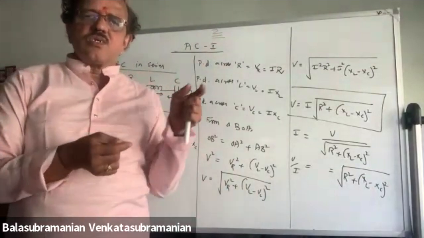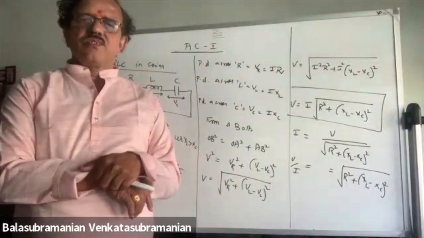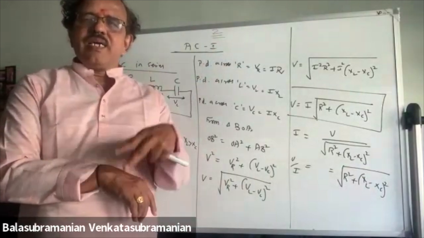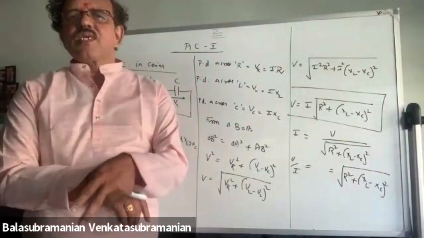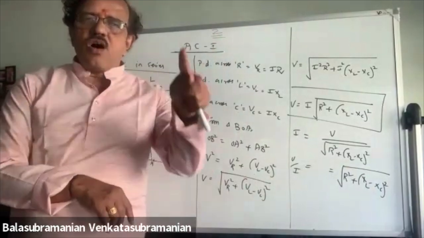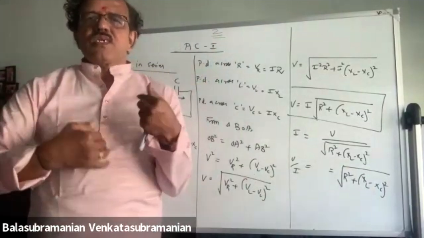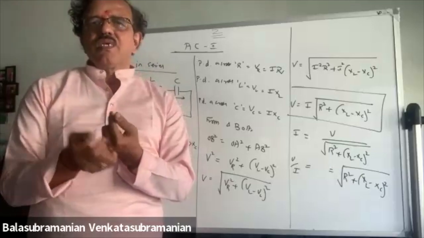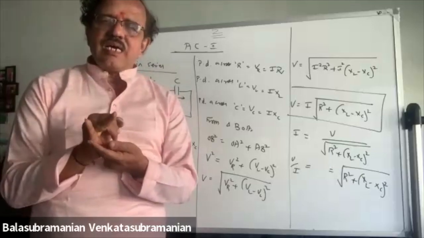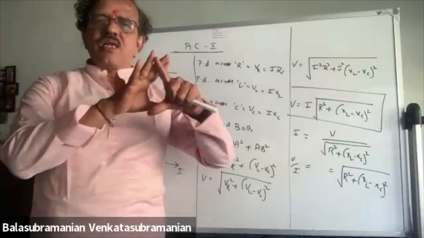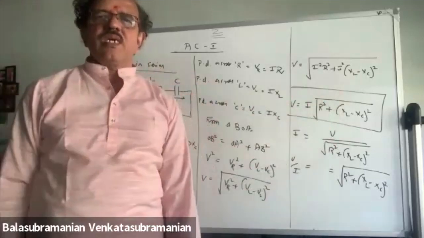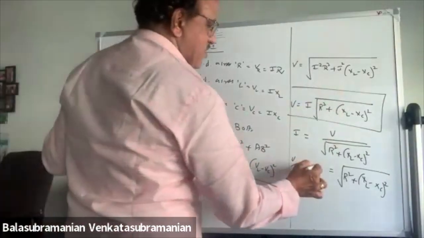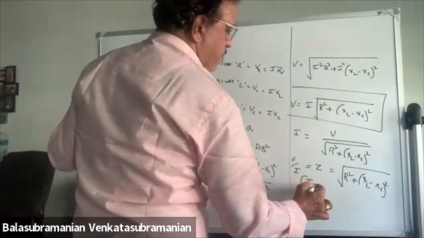Already resistance we have, so that terminology we cannot use. Inductive reactance we have used, capacitive reactance we have used. For all the three put together, we have to use some other term, that is called impedance. Resistance, reactance, impedance, all are resistance family only. Depending upon the need, we are taking all that. So, Z, which is called impedance.